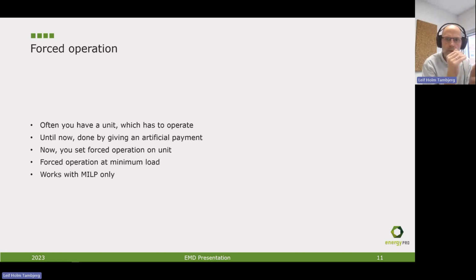So if you have energy conversion units which are allowed to part load and you have a minimum load included, then it will operate at that minimum load at minimum. Of course, it can also operate up to full load, but it will operate at that one at minimum throughout the period. And like with the other ones, this works only with the MILP calculation.